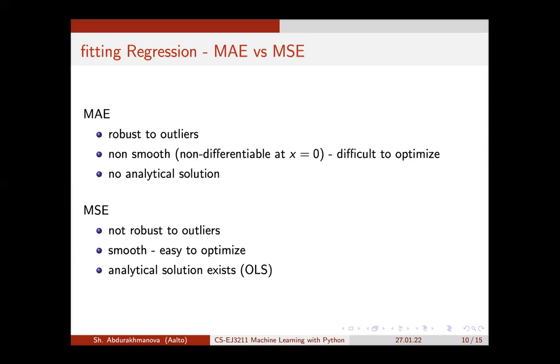In contrast, mean squared error is smooth and easy to optimize. And one more difference is that mean absolute error has no analytical solution or closed form solution, but mean squared error has the closed form solution, which is called ordinary least squares or also normal equations.